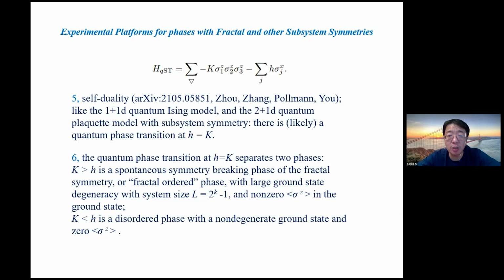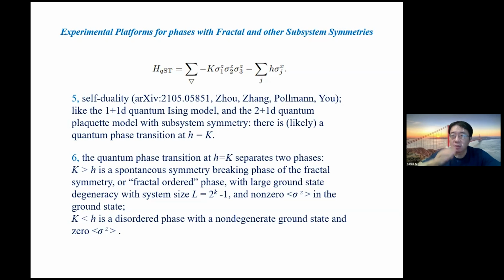So the ground state is not invariant under the fractal symmetry transformation. And when k is smaller than h, it's a disordered phase without any ground state degeneracy.